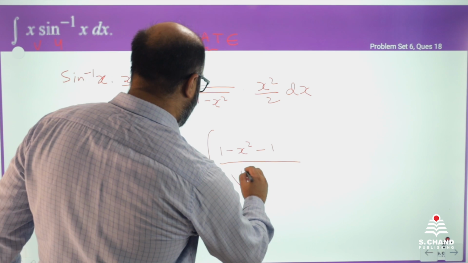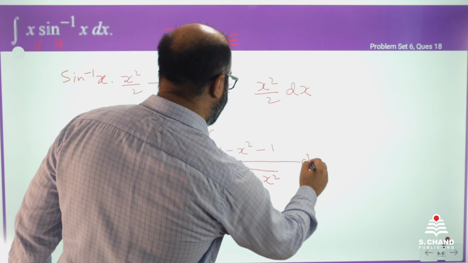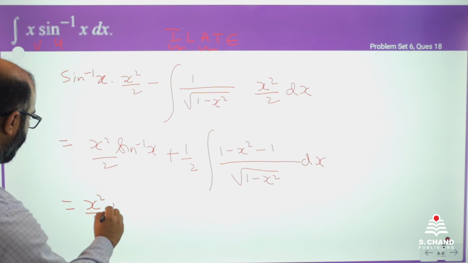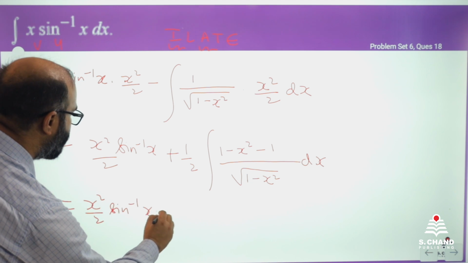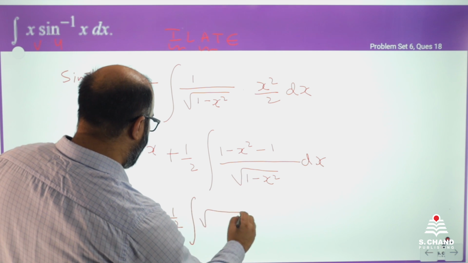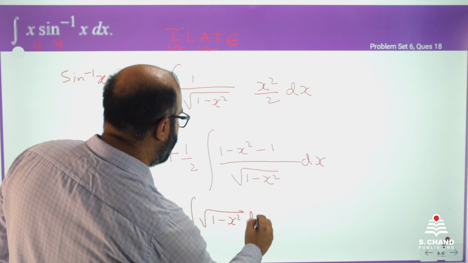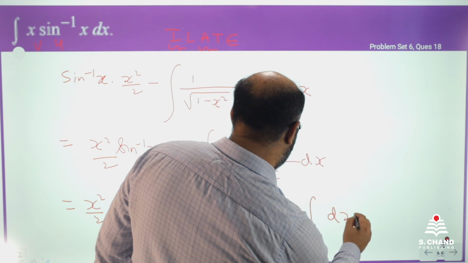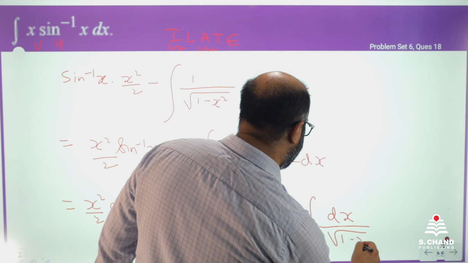So this will become root over 1 minus x square dx, like this. So this would become x square by 2 sine inverse x plus 1 by 2, and this will become the integral of root over 1 minus x square, and then minus 1 by 2 integral of dx by root over 1 minus x square, like this.